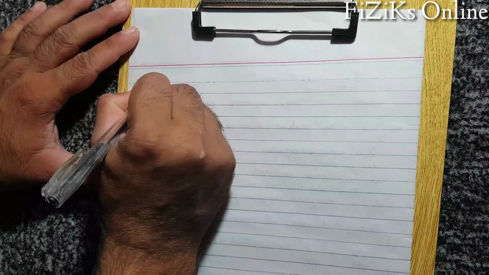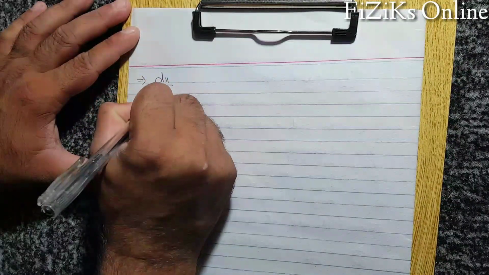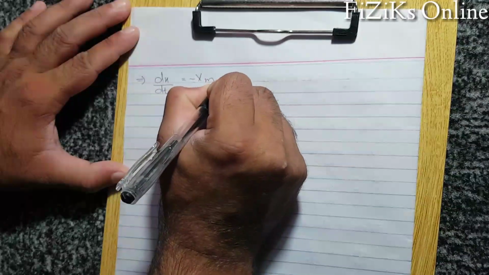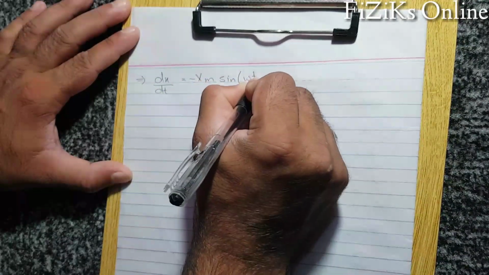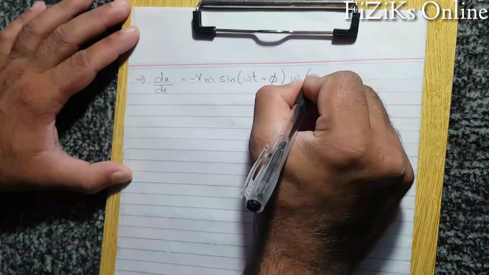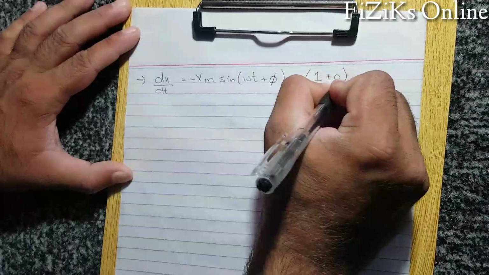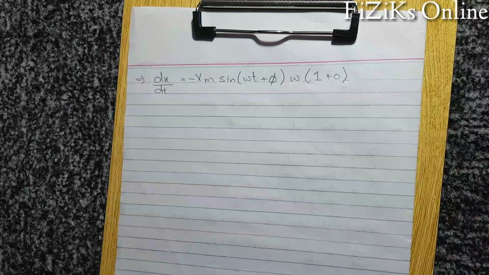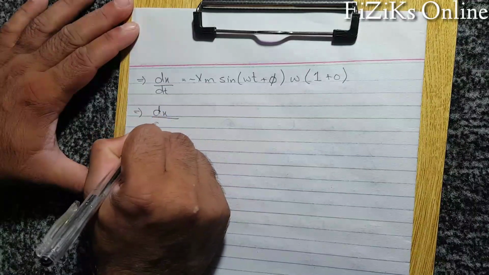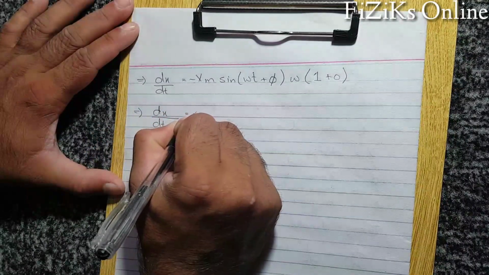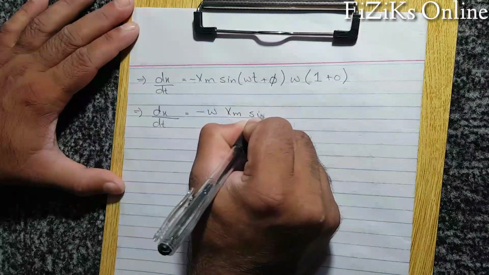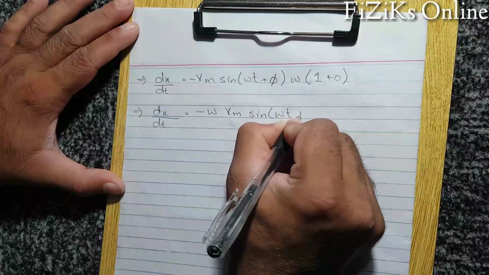So dx by dt equals minus omega xm sine(omega t plus phi).